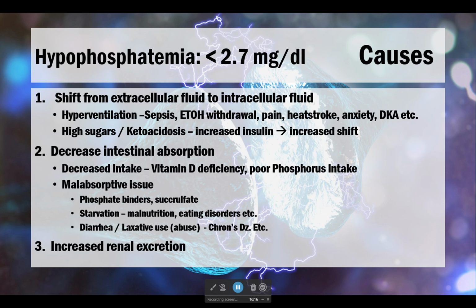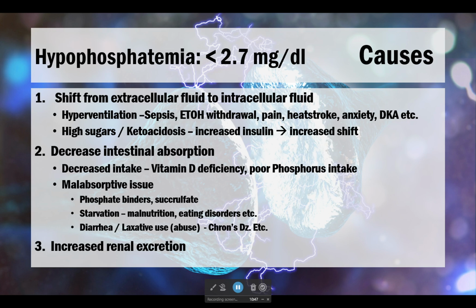With starvation, eating disorders, alcoholism, the nutrients aren't even provided. So the patient doesn't have an adequate source of phosphorus coming in through their diet to maintain a phosphorus level. Phosphate binders also can contribute to hypophosphatemia if they're not taken appropriately.